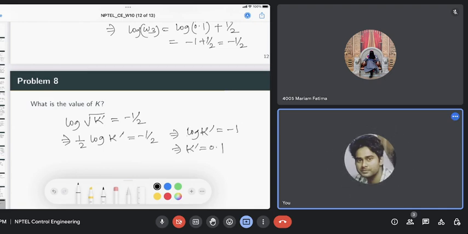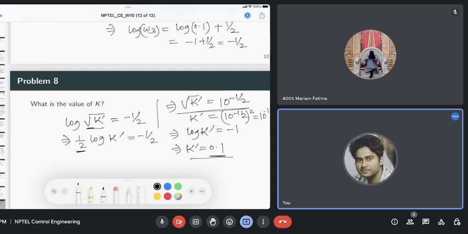So the square root I can take outside as a half and solve this, or you can solve for the square root of k prime first and then take the square. Also you can solve it like this: square root of k prime equals 10 to the power minus half, then we take the square on both sides and we get the same, 10 to the power minus 1, that is 0.1, which we obtain for k prime.